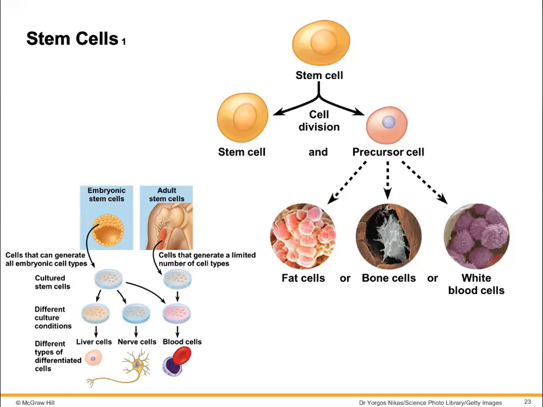Some of them are multipotent, meaning they can develop into 2 or more cell lines. Some are unipotent, though, meaning they can only turn into one type of cell. And some of the issues with trying to use adult stem cells for replacing other tissues is that they've already been developed in a particular region of the body, so they have less potential in the different things that they can become.